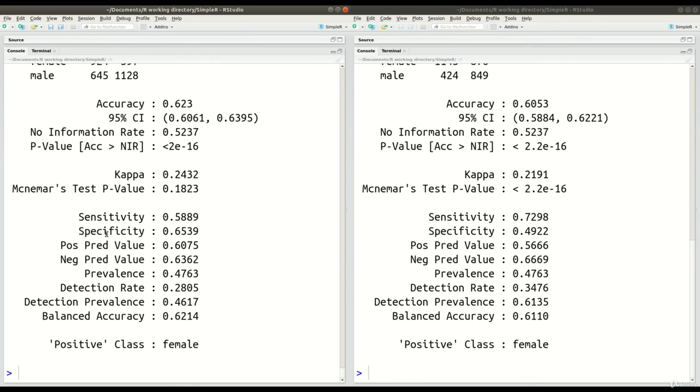However, specificity is 0.65 for the linear model, but 0.49 for the quadratic model. So if we're more worried about negatives, correctly dealing with true negatives, it might be better to go with the linear discriminant analysis model. So you can see here the rest of the metrics are surprisingly similar.